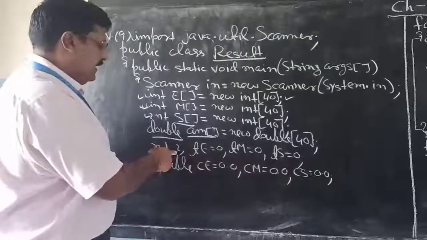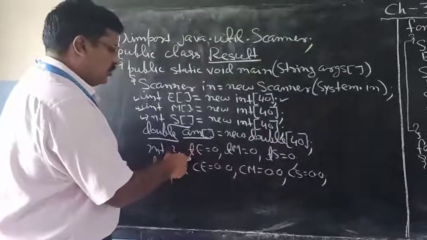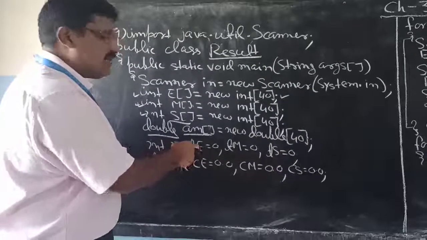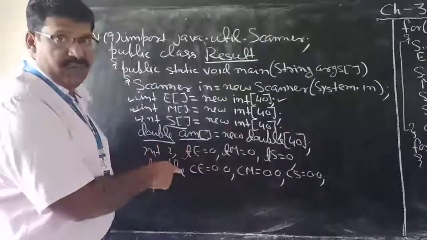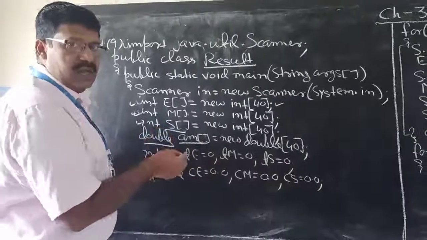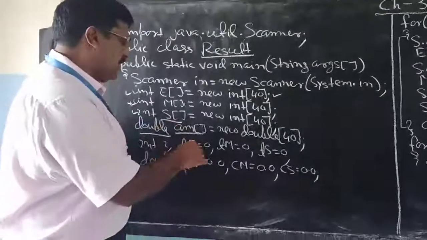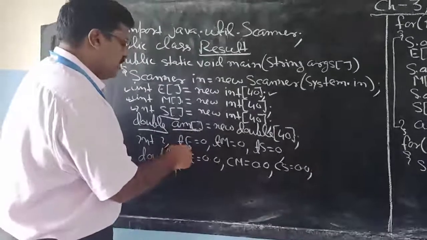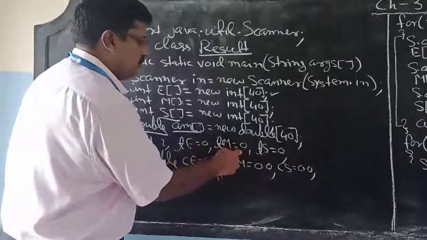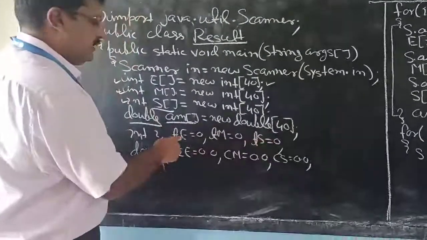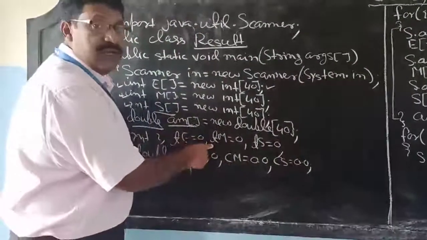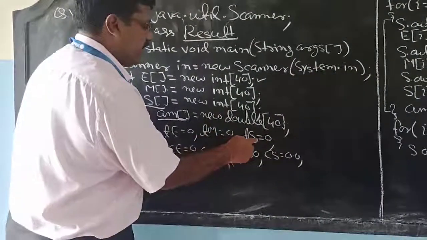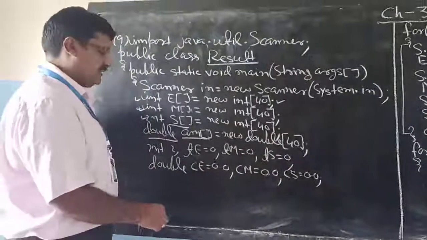Int i, the index variable, te, total marks of English. Why is this required? It is required to calculate the average in each subject. To calculate the average in each subject, first you have to calculate the total marks in all the 3 subjects. So te equal to 0, tm equal to 0, ts equal to 0. The te is for total marks in English, tm for total marks in Math, and ts for total marks in Science.